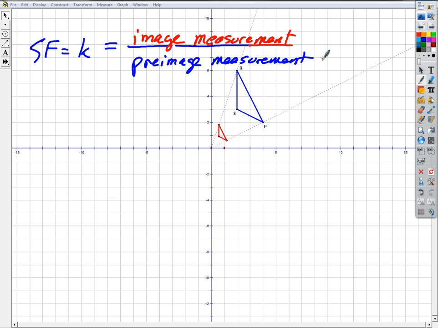Does that make sense? The scale factor is always going to be defined as an image measurement divided by the corresponding pre-image measurement, right? We start with the blue pre-image and end with the red image. So if I were to measure, for example, that distance divided by the distance from there to there, I'm going to get a fraction that's less than 1 now, right? Like 0.3 in this case, 3/10, right? That also means that the distance from the origin to P prime, compared to the distance from the origin to P, is only going to be 3/10 as far, right? Make sense? Okay, good.